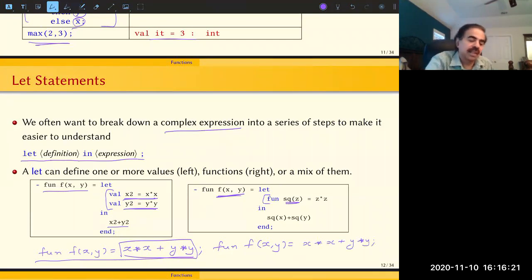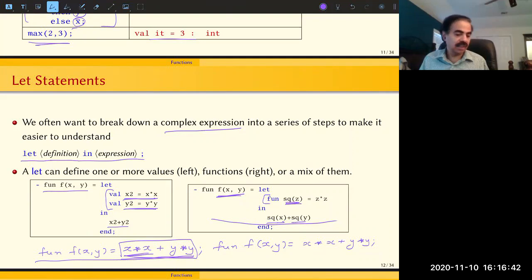So this is still exactly the same function, but the way you have broken this expression is by defining a function for computing the square and then using that function on each of x and y, right? It's just a different way of breaking things down.